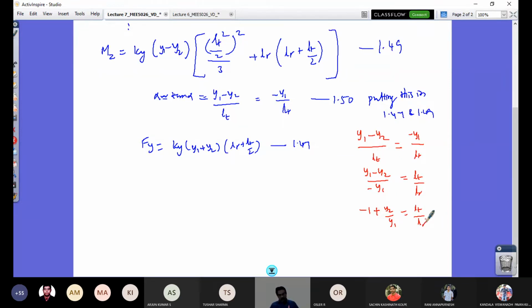Right? It's LT by LR. This minus 1, if I take it to that side, it's going to be y2 by y1, that's 1 plus LT by LR. So now for 1 plus LT by LR, I can replace this here by y2 by y1.